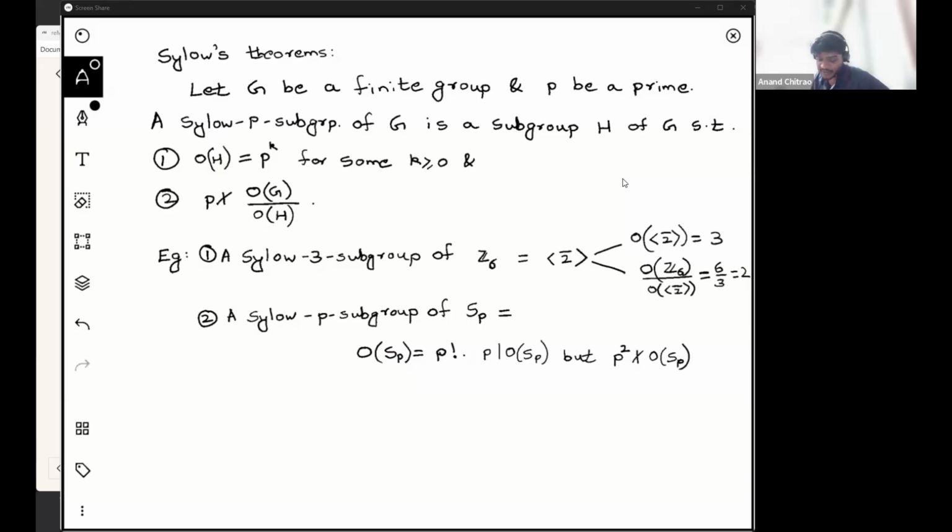What's a subgroup of order P in S_P? So you can take the subgroup generated by a P cycle.